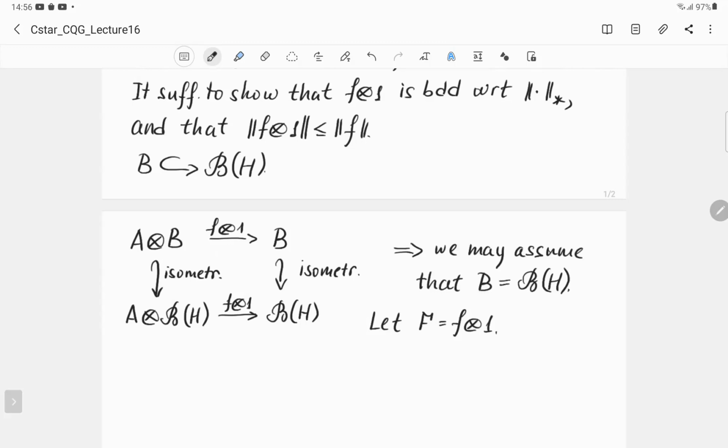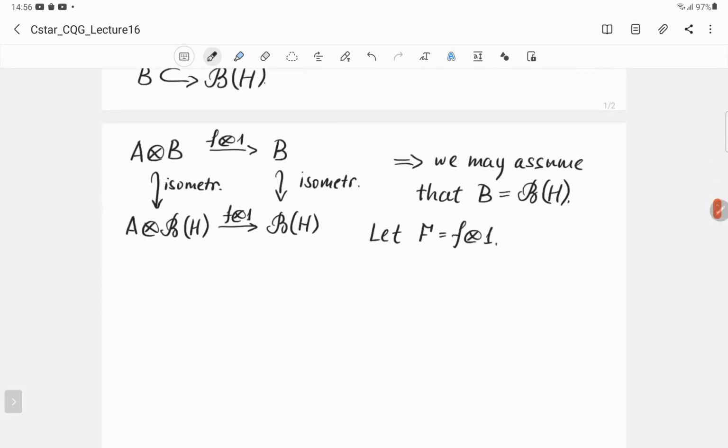Okay, so now we take an element u in the algebraic tensor product. Oh, before we do it, let's make one more simple observation. Namely, let's observe that our map big F has the following algebraic property.